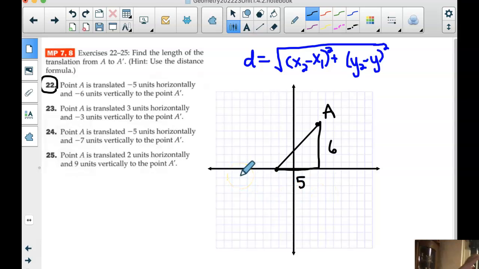So we can do that in the calculator. So if we do 6 squared plus 5 squared, it is going to equal this length right here squared. I'm going to write equals c squared. 6 squared on your calculators or in your head is 36. 5 squared is 25.